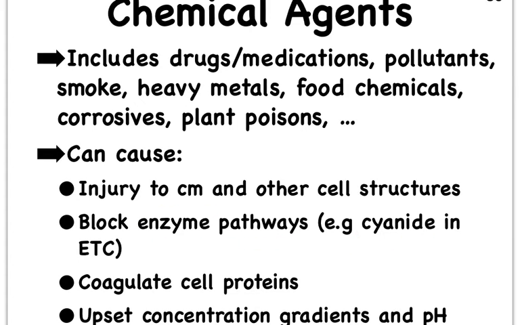We've mentioned poisons before, such as cyanide. They can coagulate proteins of the cell so they're unusable, and mess around with concentration gradients and pH. Things that should start to sound familiar as causes that are going to really lead to major cell injury and possibly cell death.